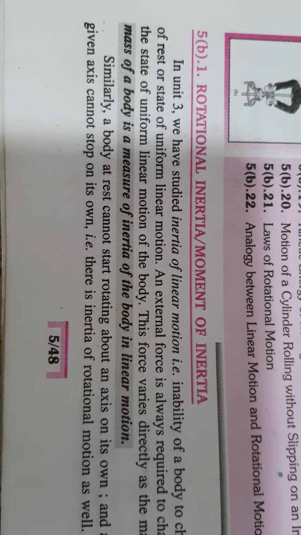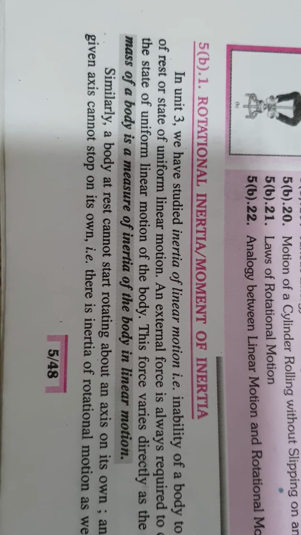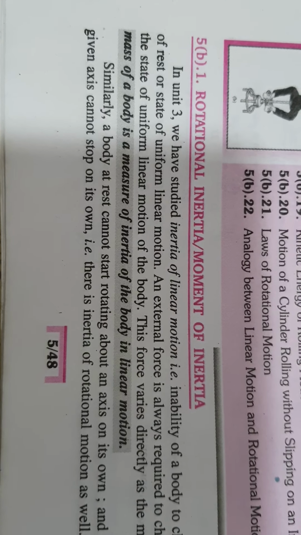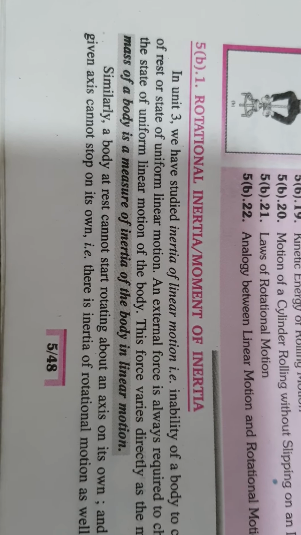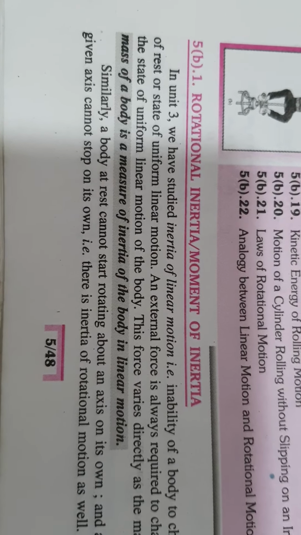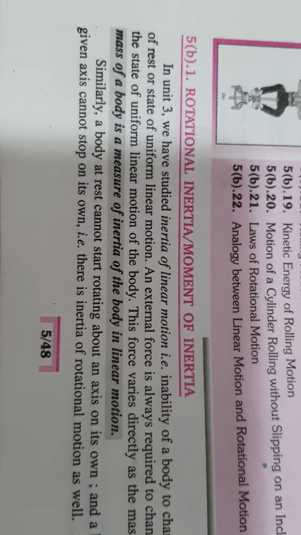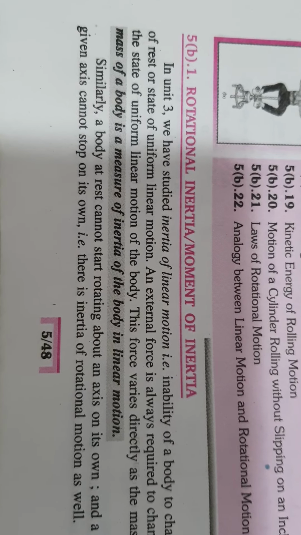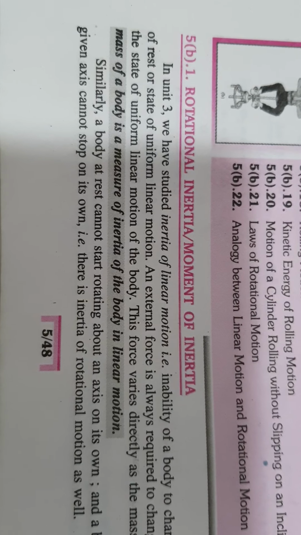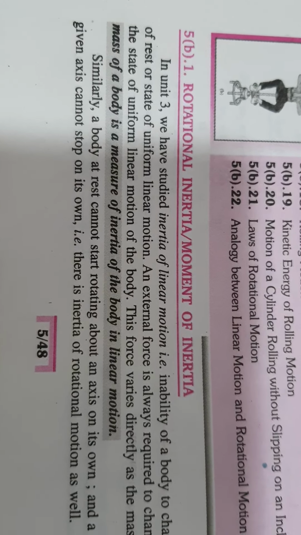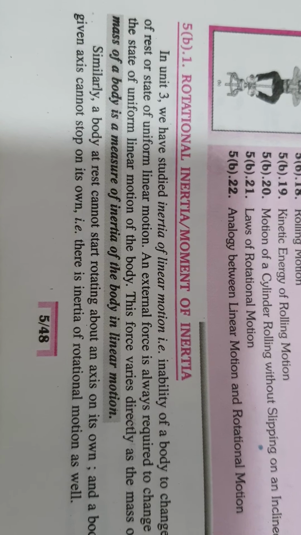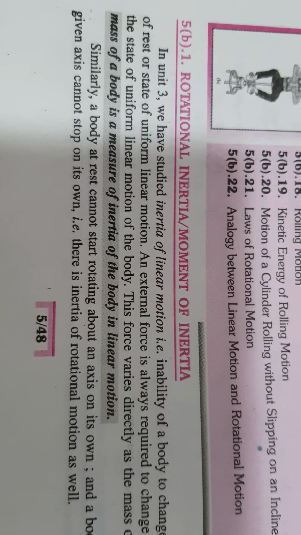Now, similarly, in case of rotational motion, the body cannot be rotating on its own. You need some torque to rotate it, right? A body cannot rotate about its axis on its own. So, what is required?